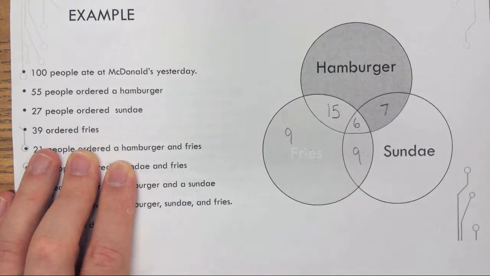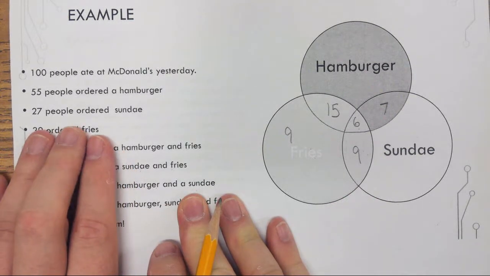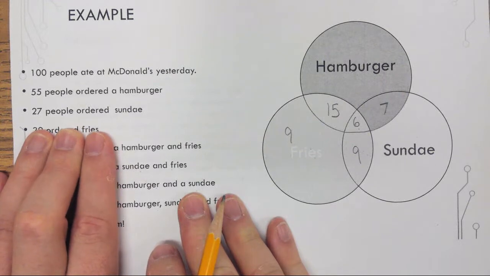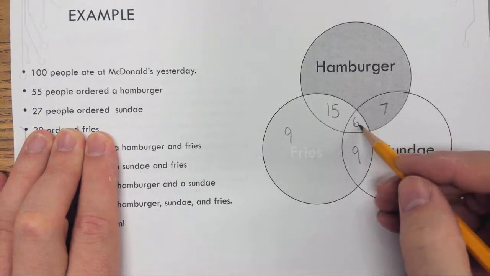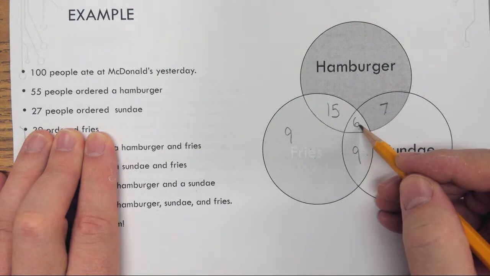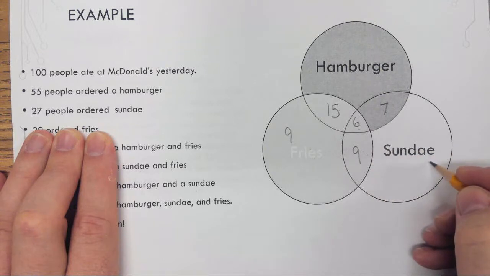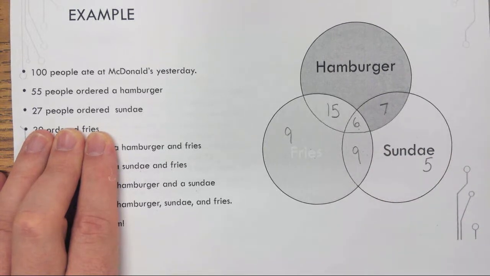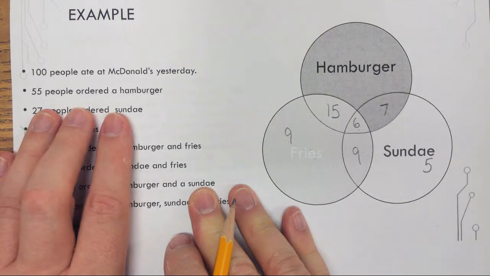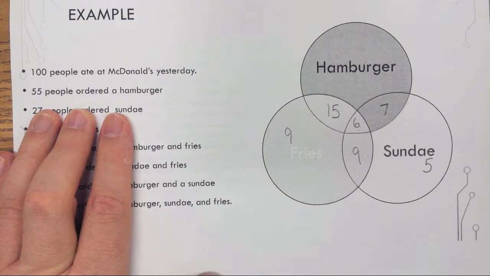Just fries. Same way here, 27 people ordered a sundae. Well, 7 and 6 is 13. 13 plus 9 is 22. That means that 5 people only ordered a sundae. Okay. Last one, 55 people ordered a hamburger.